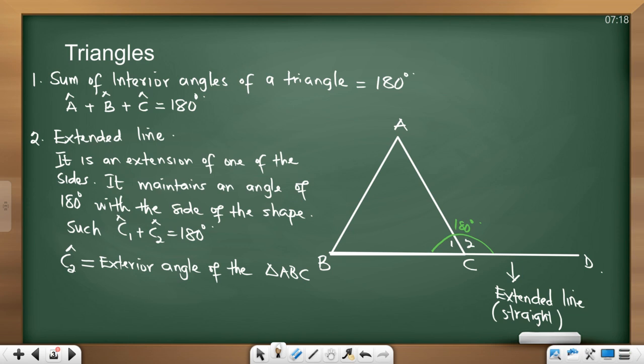This is our conclusion: angle C2 will be the sum of angle A plus angle B. And what is our reason? Exterior angle of a triangle. We don't have to write it in full. Exterior angle of a triangle.